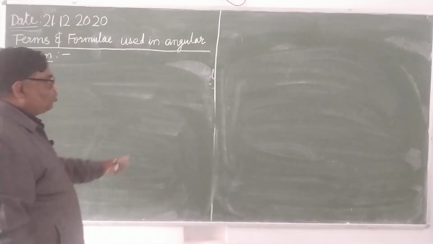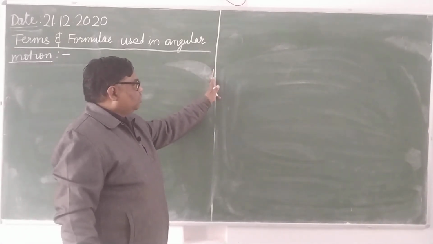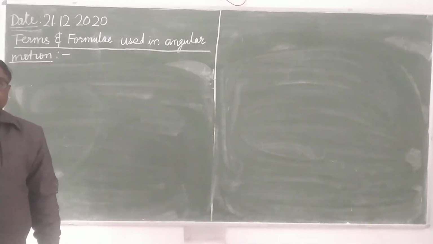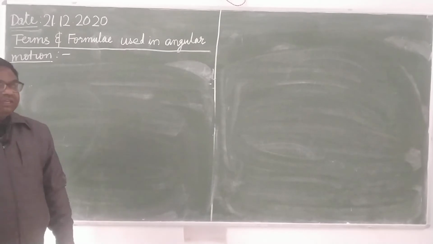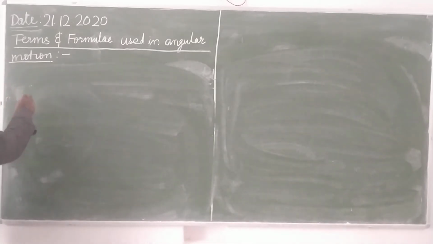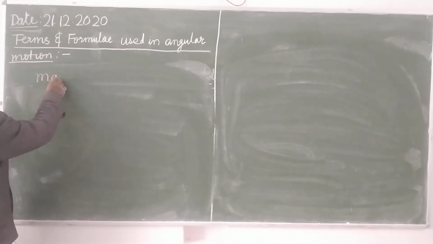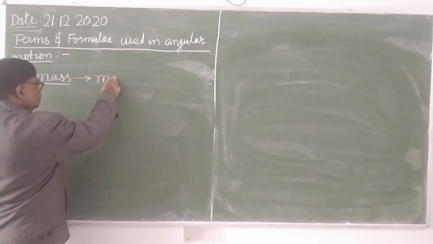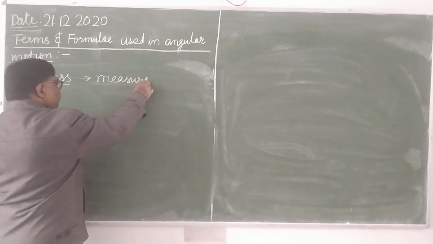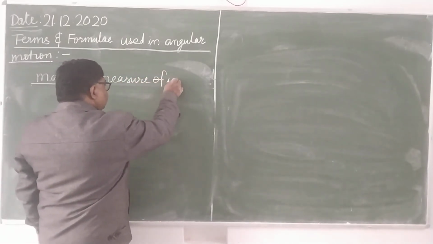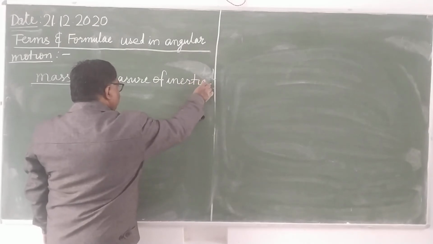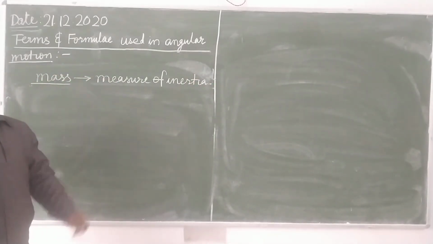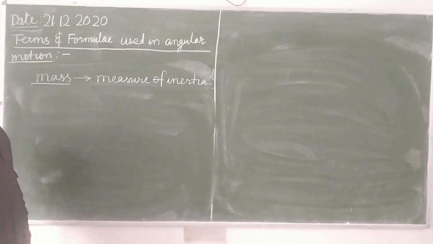Now I am going to discuss a very important quantity which is used in rotational motion and which is equivalent to the mass in translational motion. As you know, what is the role of mass in translational motion? It is the measure of inertia. What is inertia? It is the inability of any body to change its state of rest or of uniform motion.